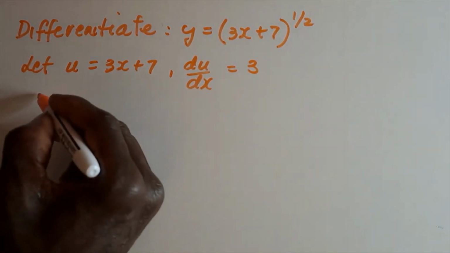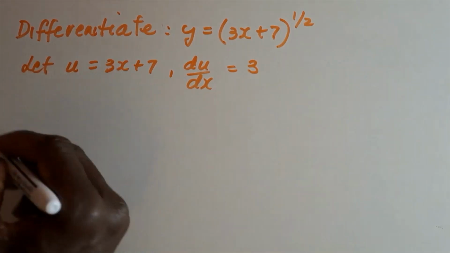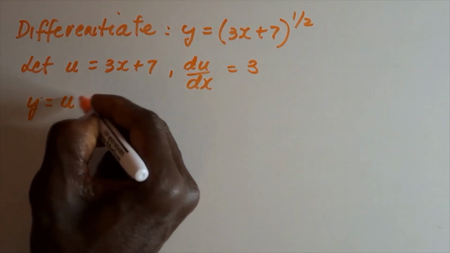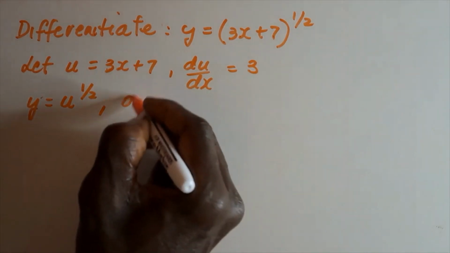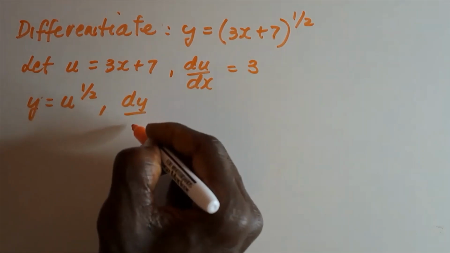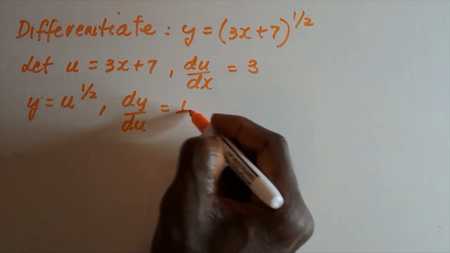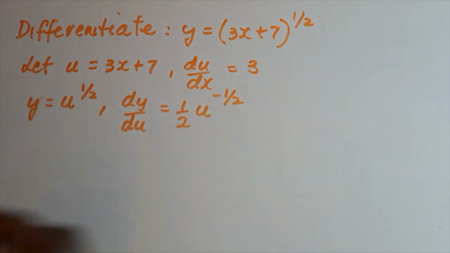And if we have that this is u, then y we can rewrite as u raised to the half. And if we differentiate this function, dy du is equal to a half u to the minus a half.